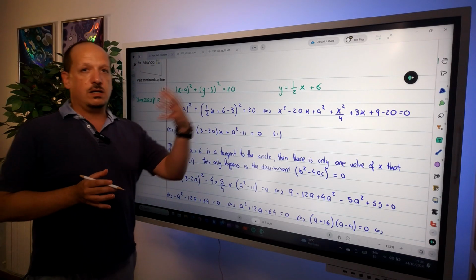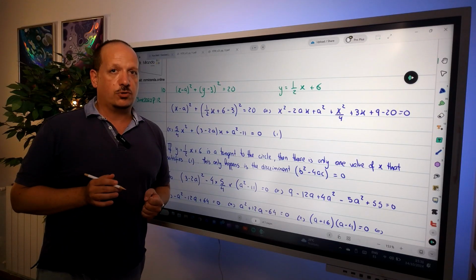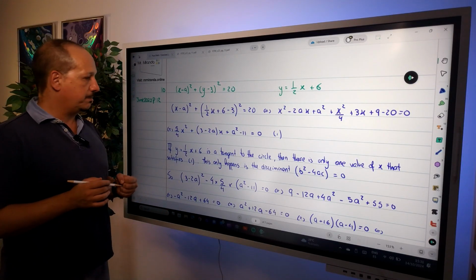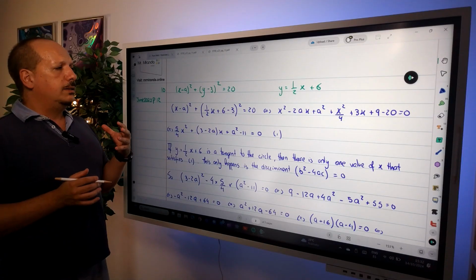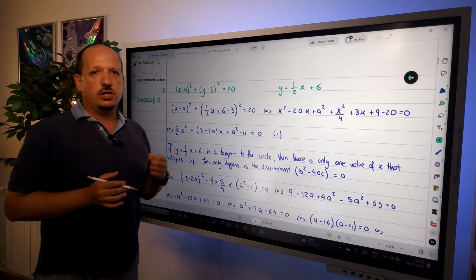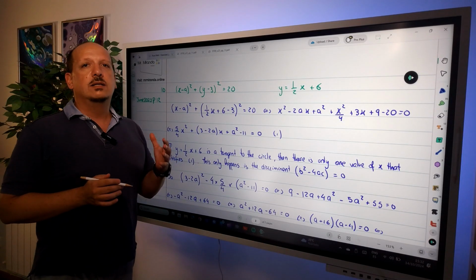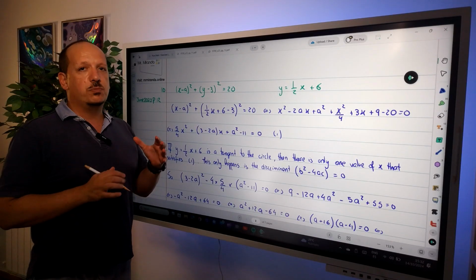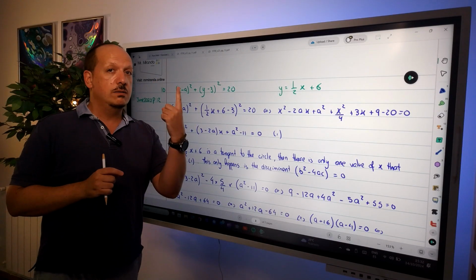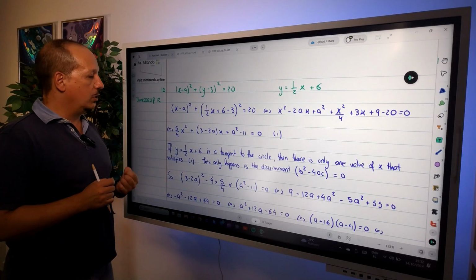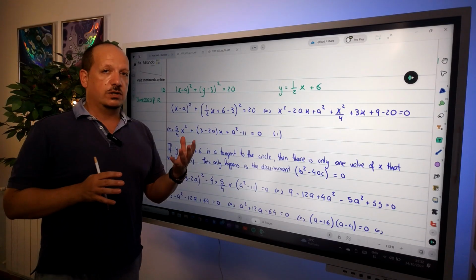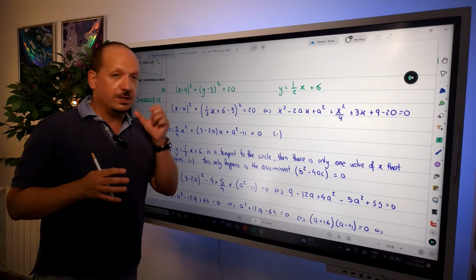As we're going to see later, in the next chapter about quadratics, if you want to get the points of intersection and there is only one, you can use something called the discriminant, and later on I'll explain what the discriminant is.